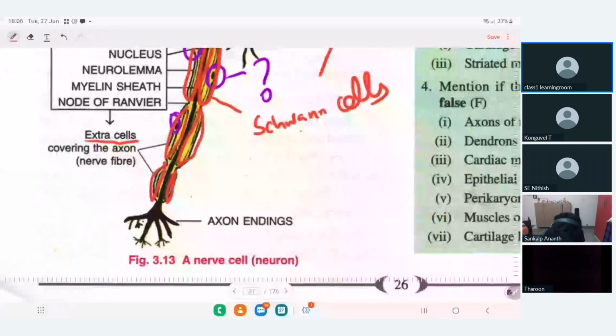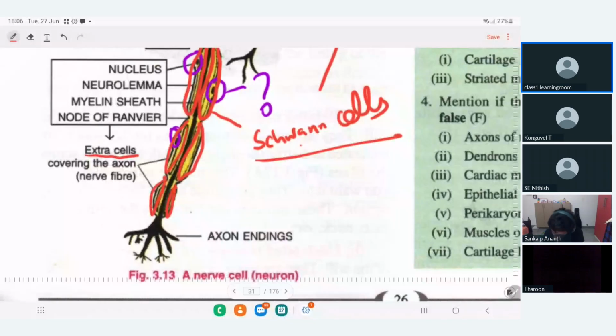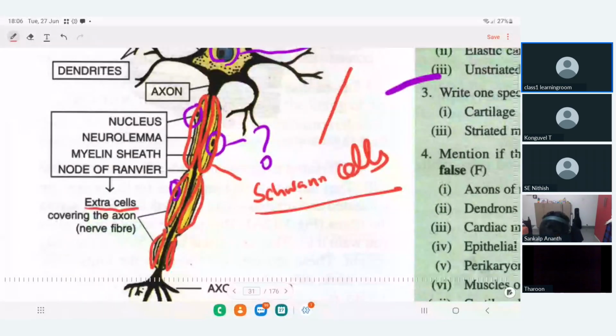These nuclei are the nuclei of Schwann cells. The myelin sheath is the group of Schwann cells. It covers the axon. So these nuclei are not the neuron's nucleus, they are Schwann cell nuclei. Can you understand now?